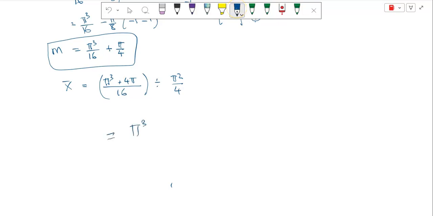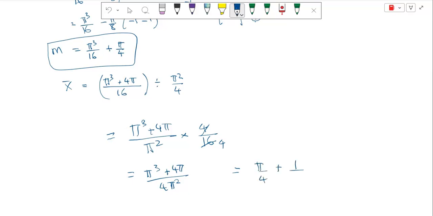This gives me pi cubed plus 4 pi divided by pi squared times 4 over 16. That's better. Pi cubed plus 4 pi over 4 pi squared, which is giving me pi over 4, and I'm getting 1 over pi, not 4 over pi.